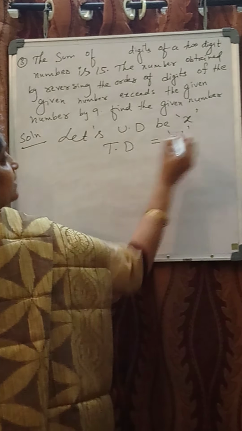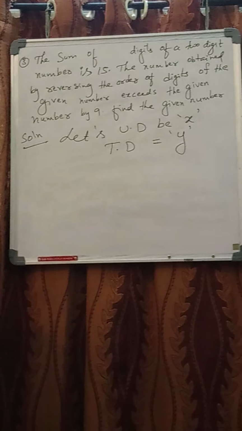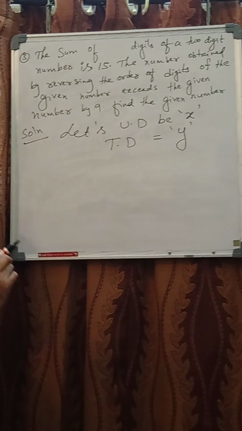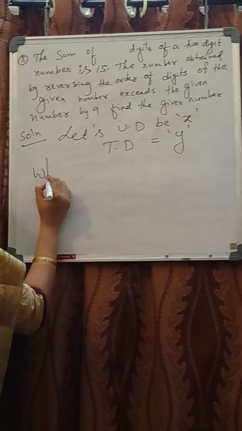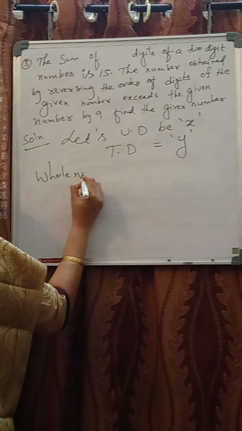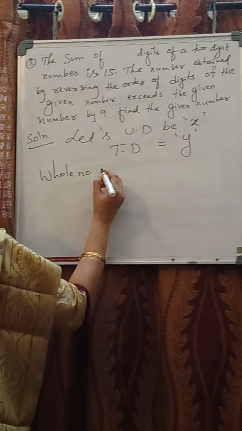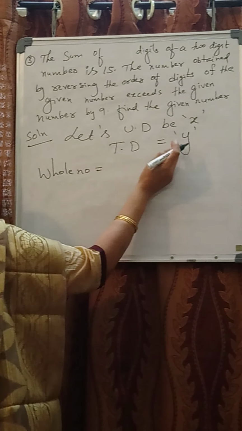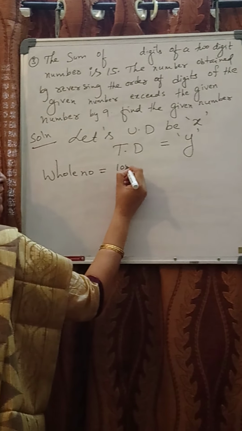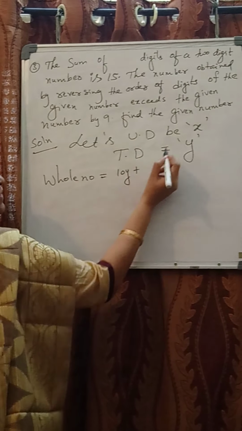Now you have to find the whole number first. Whole number or old number or original number is equal to the tens digit multiplied by 10 plus the units digit multiplied by 1. So you got 10y plus x as the whole number.